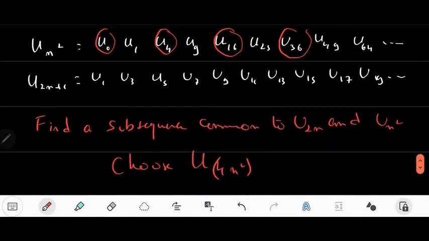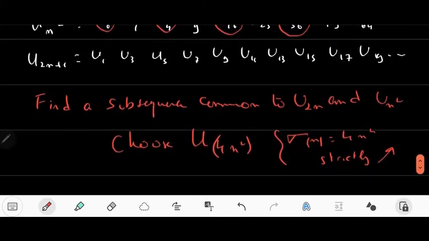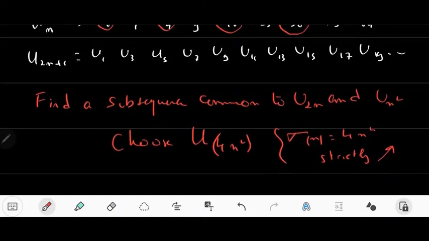You should look at the sequence and try to find this relation. So σ(n) equal to 4n² is a strictly increasing mapping from N to N. So it's a good subsequence.